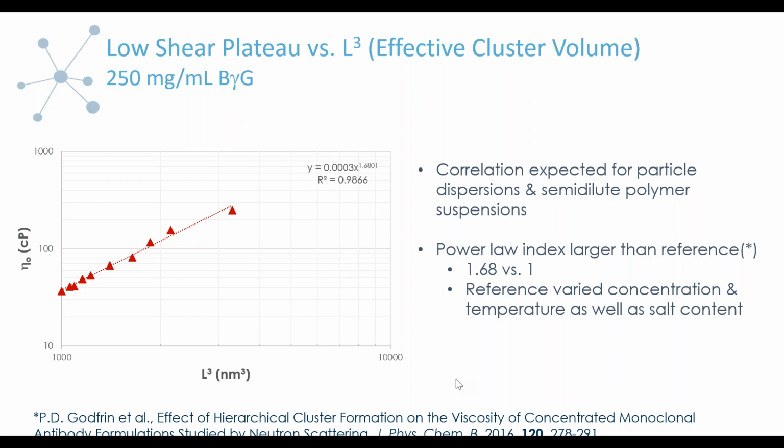Ours seems to increase somewhat more rapidly, but in our case, we fixed the gamma globulin concentration, our protein concentration, and we fixed our temperature and only changed salt content with the intent of changing the interaction strength.